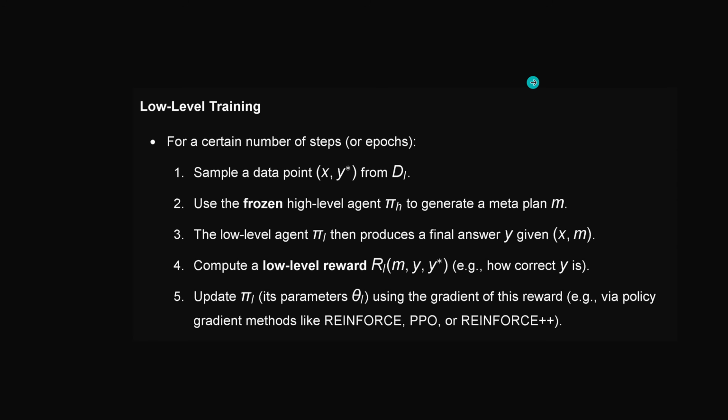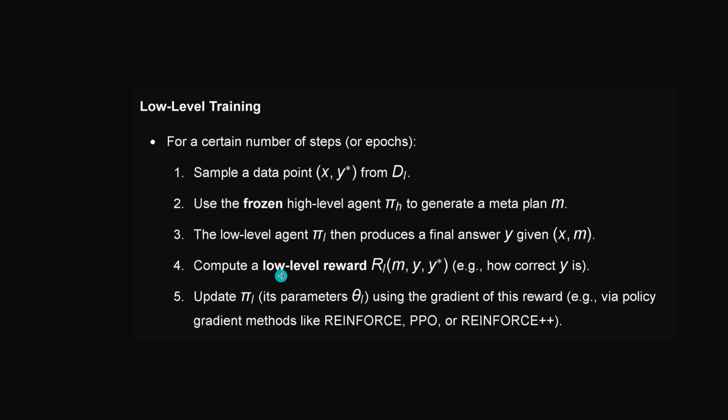So let's have a look here at the low-level training. And this is the way I would explain it, no? So for a certain number of steps or epochs of your system, you just sample a specific data point from a data set. And then let's say we use a frozen high-level agent with a particular policy pi high to generate a meta plan. And the low-level agent, pi low, produces a final answer called y, given this particular set of the task x and the meta plan m.